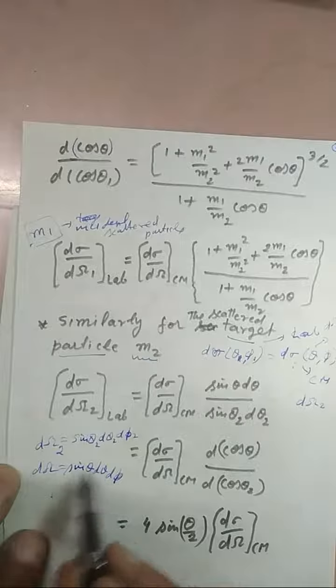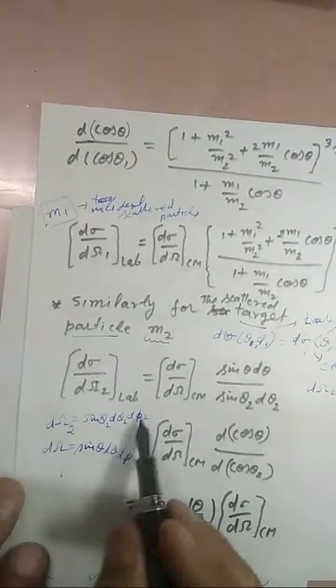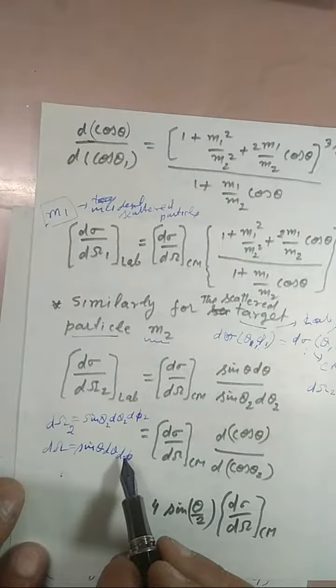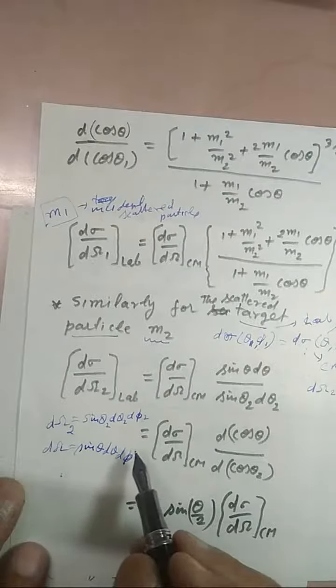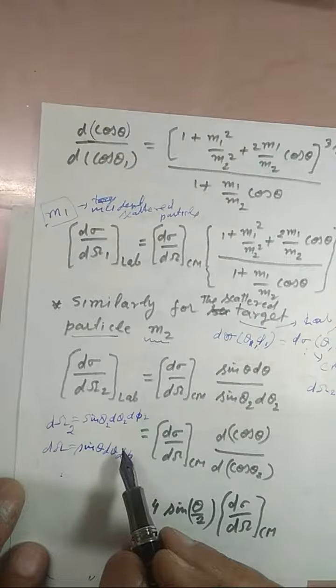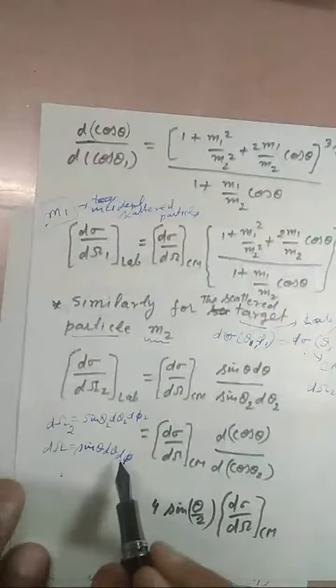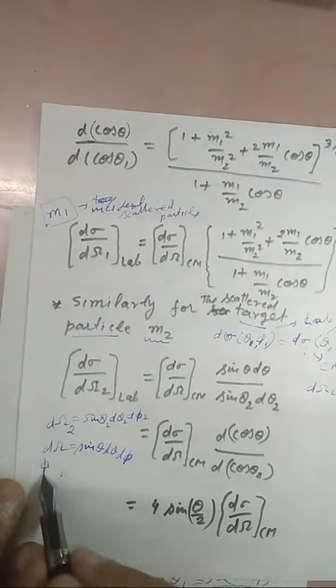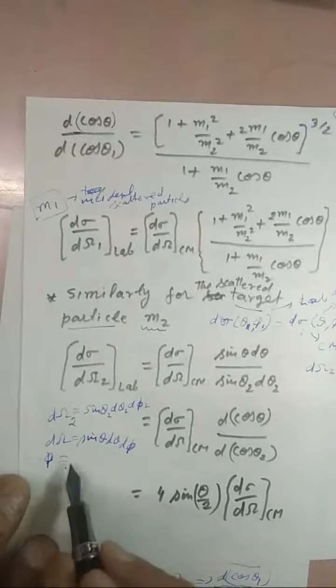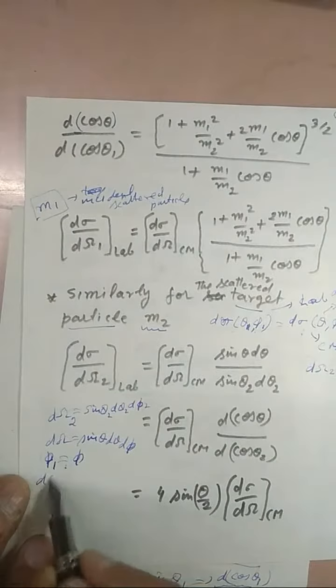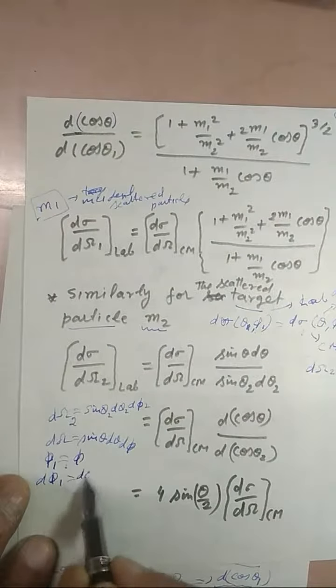Due to the cylindrical symmetry around the direction of the incident beam, we can say that the azimuthal angle phi 1 is equal to phi, or d phi 1 is equal to d phi.